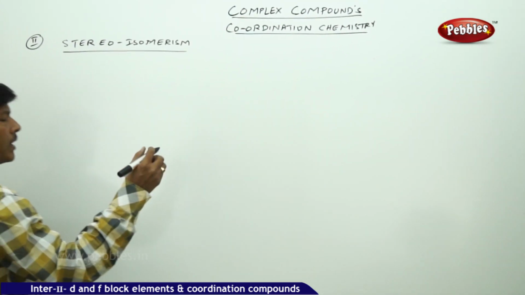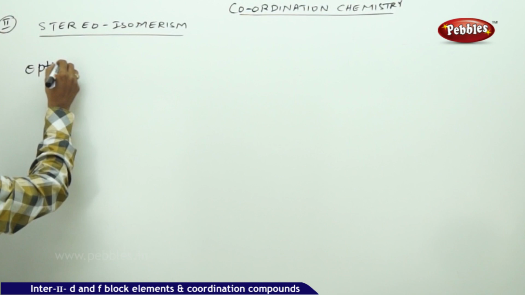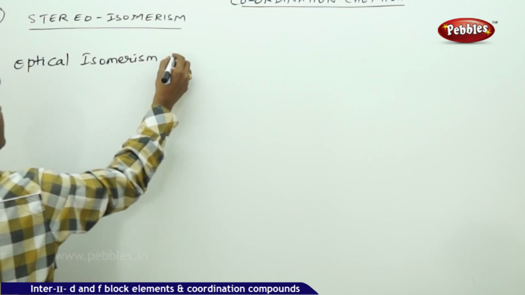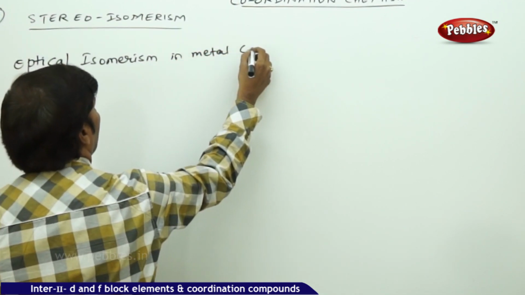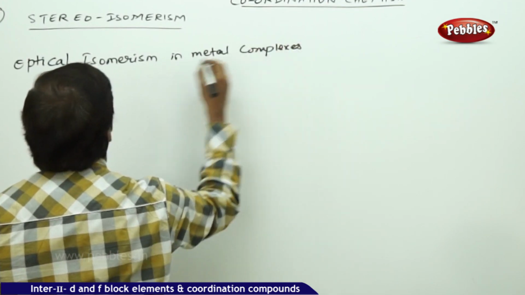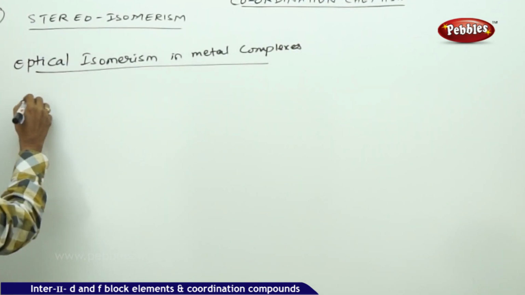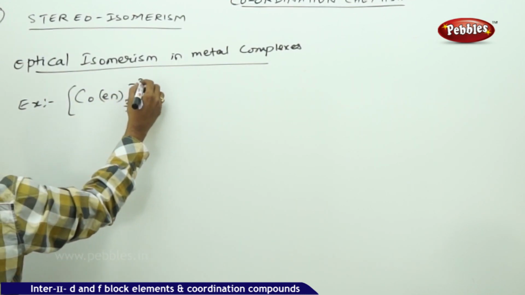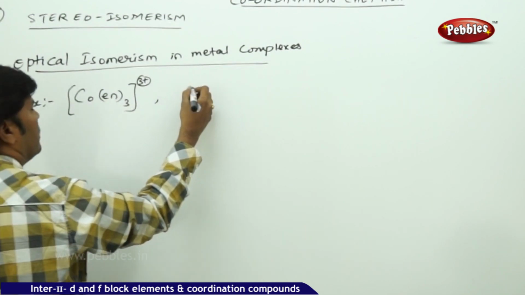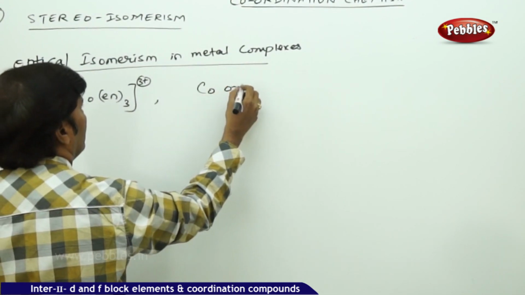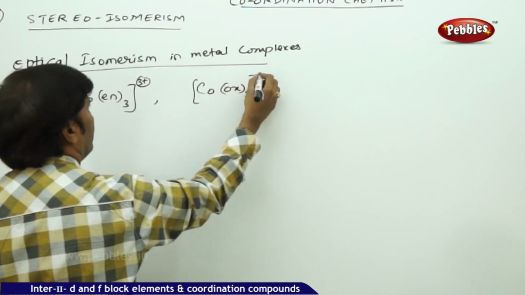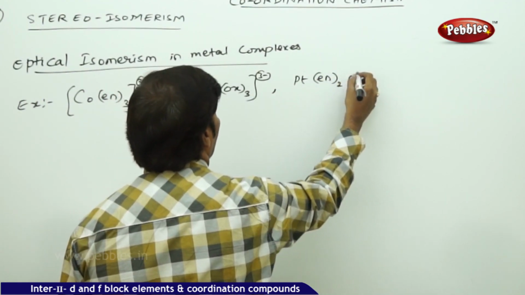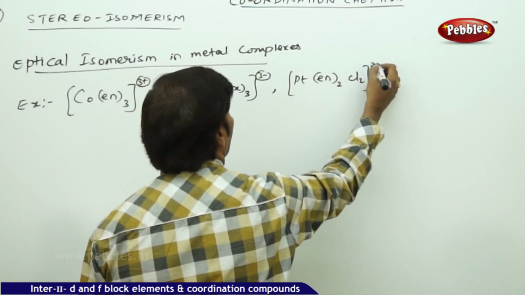So here if you go to the optical isomerism in metal complexes, as already we have discussed, again I am repeating the same examples: I can take Co(en)3 3+, Co(ox)3 3-, Pt(en)2Cl2 2+, and so on.